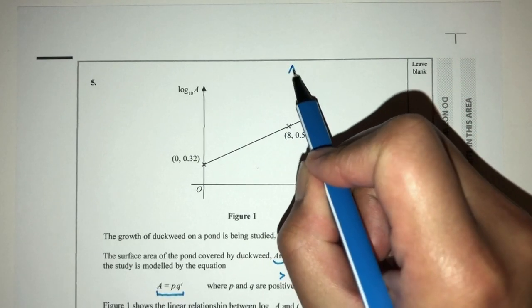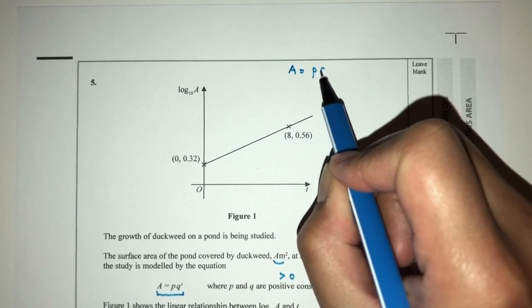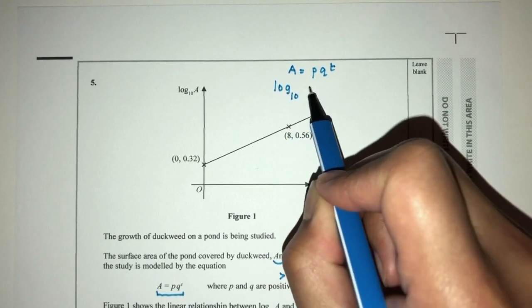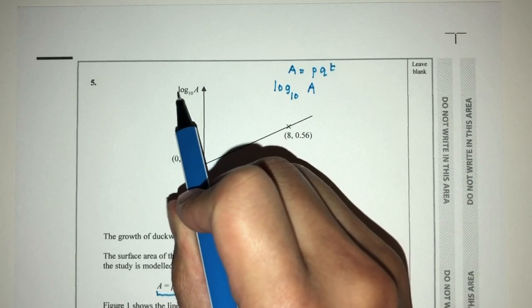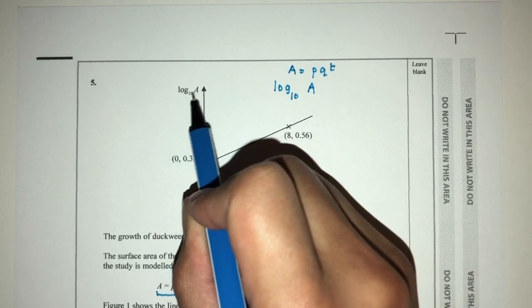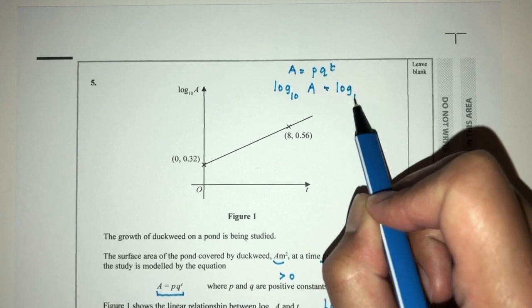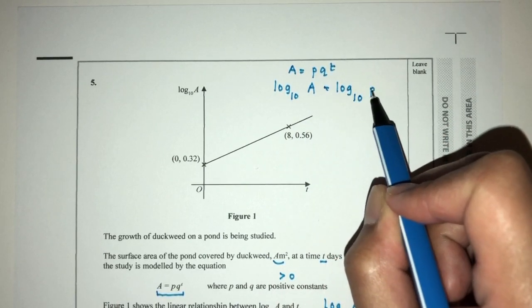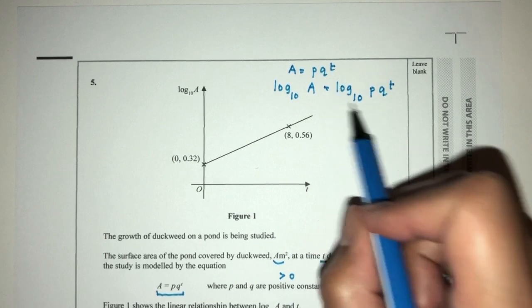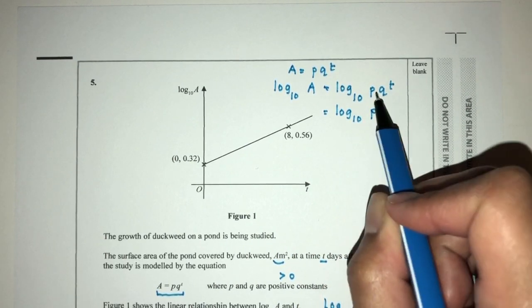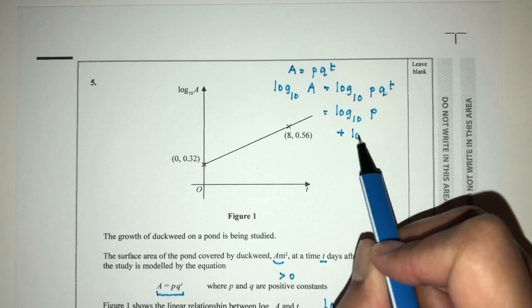At first, we have A is equal to p q power t. Apply log base 10 on both sides because, as you can see, we need log base 10 of A on one side. So we have to apply it on both sides. Now simplify this, that will become log base 10 of p. We can break this down by laws of logarithms.